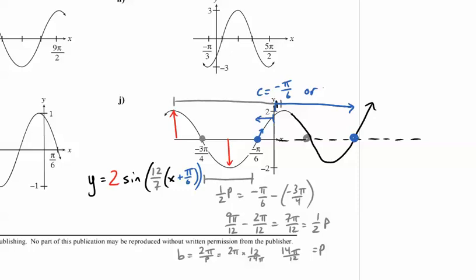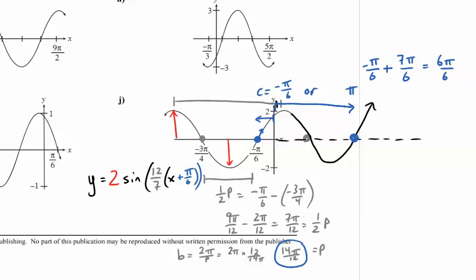So c could also be negative pi over 6 plus the period, which if I simplify that is 7 pi over 6. So that would be 6 pi over 6. So it could be the number pi.